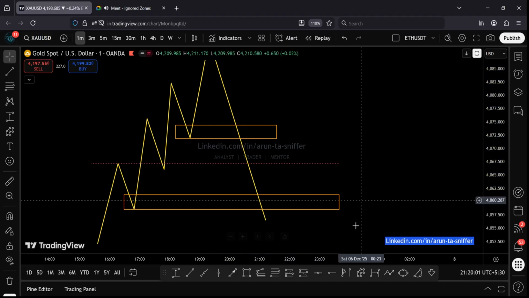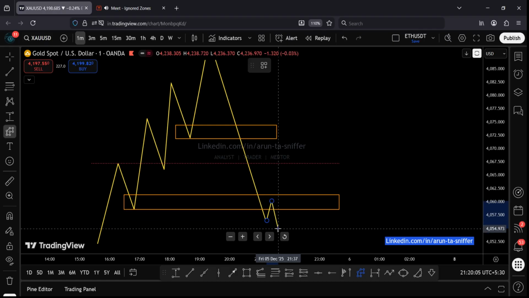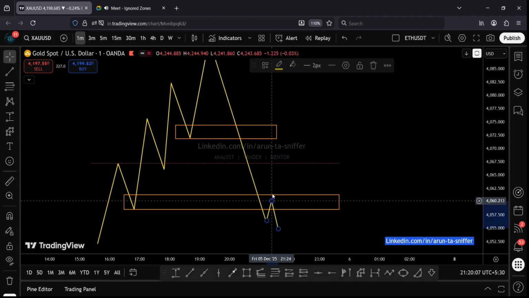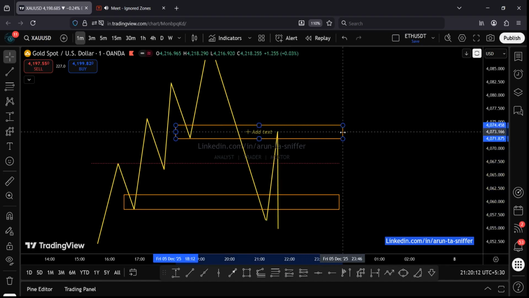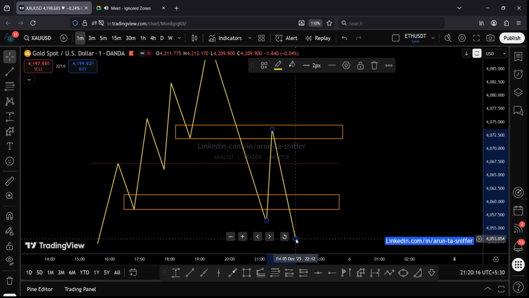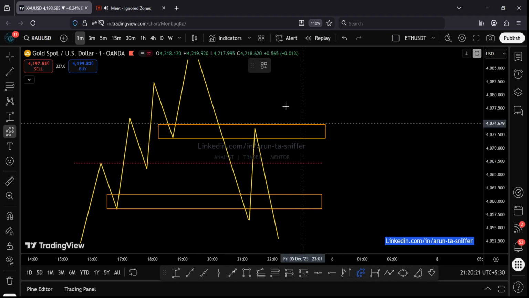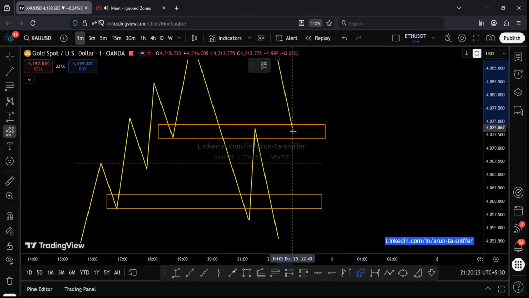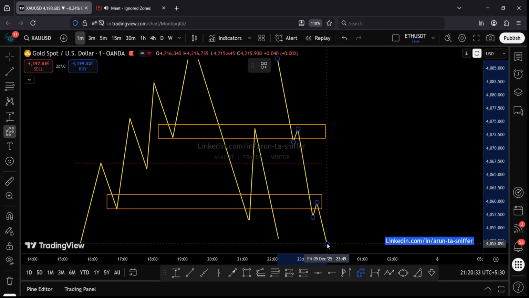Okay, so in future when price goes back up, we may trade this, or price can also go here, price may also reach here. This can also happen: price comes down, engulfs this zone, pulls back a bit, then comes down, pulls back a bit, and then comes down like this.